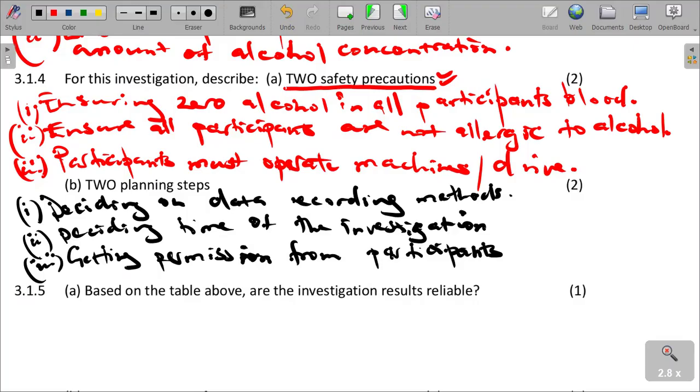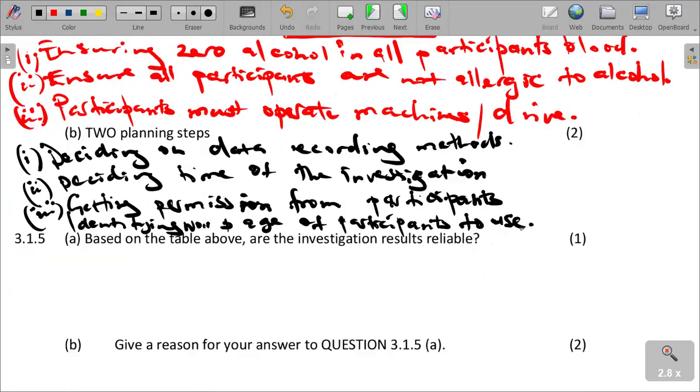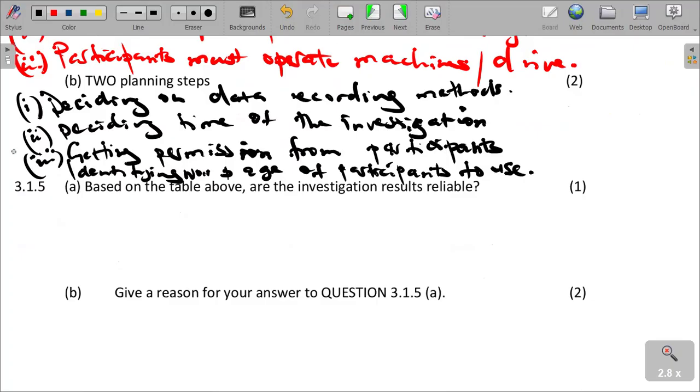We can also talk about identifying the number and age of participants to use. These are all planning steps that can also be put into account when looking at planning steps.